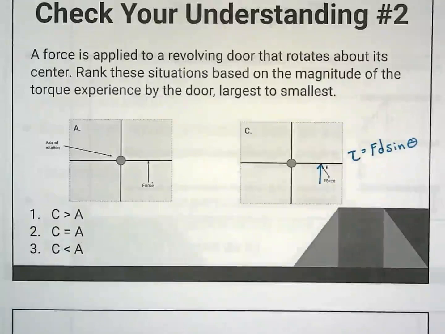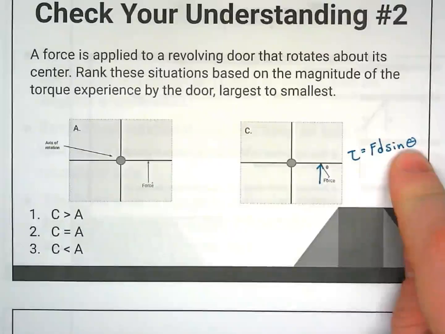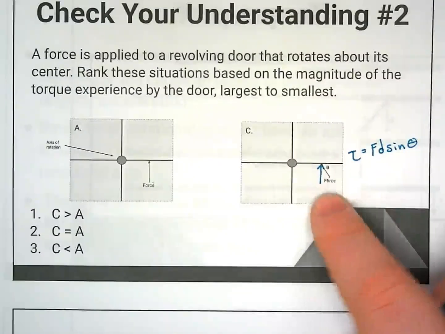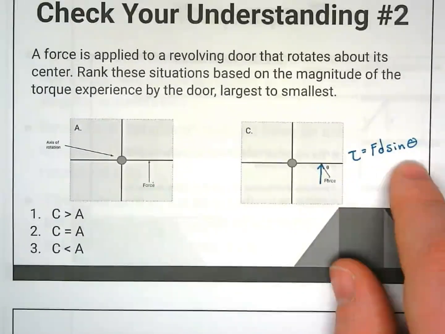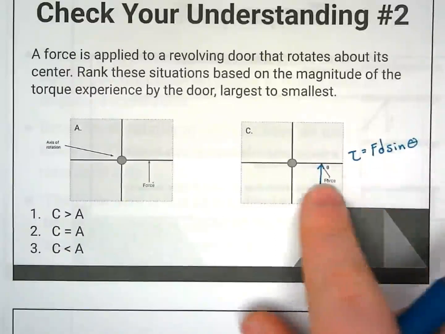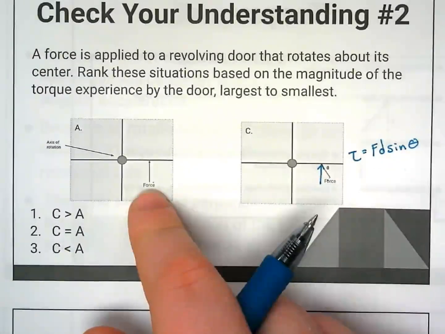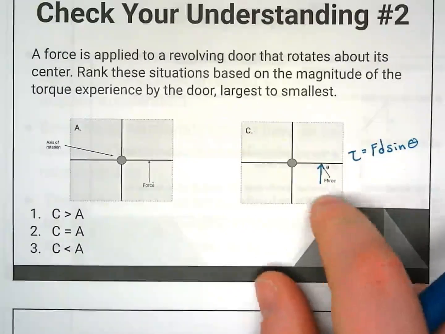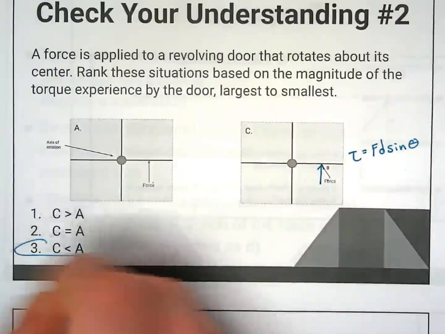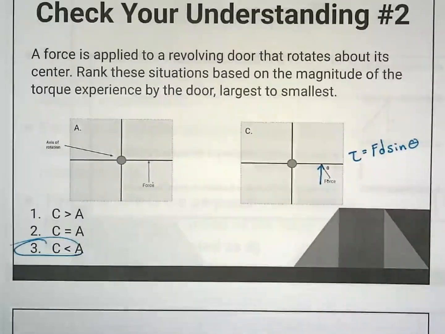So whatever theta is here, we'd input that, and the actual perpendicular force is F times the sine of theta. So if this force and this force are roughly the same, only this one's at an angle, fortunately this force will just end up being smaller. So in that case, we'll say number 3, that C is going to have a lesser torque than A will.